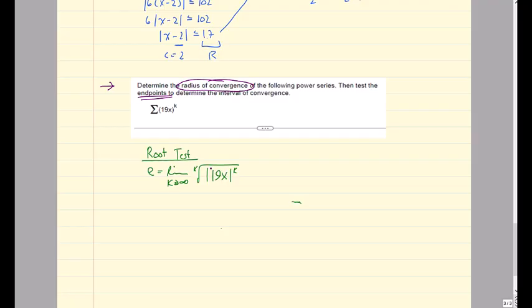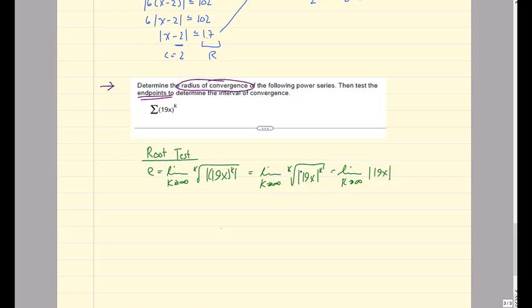I can put this in parentheses, I can put the k inside the absolute value and rewrite that if I want to, or you can just go ahead and pull that out. So this would be the kth root of the absolute value of (19x) to the k. Now the k's cancel each other out, so I'm left with the limit as k approaches infinity of the absolute value of 19x.